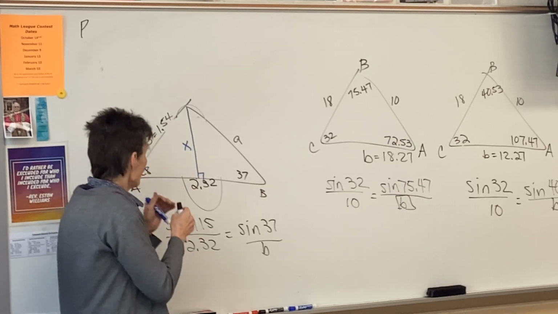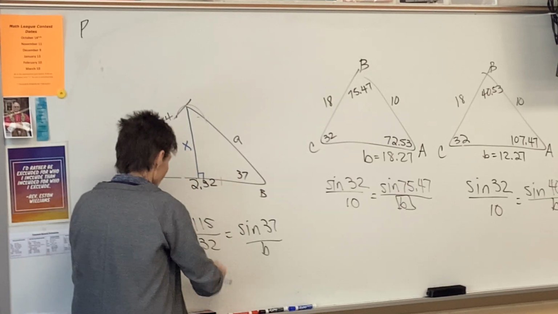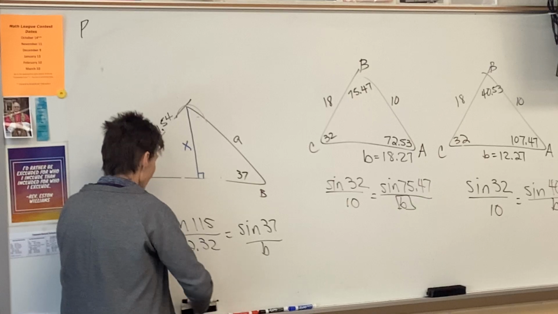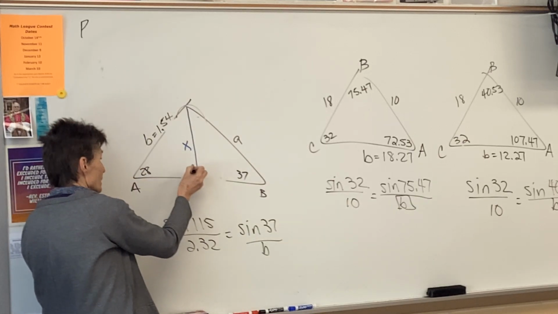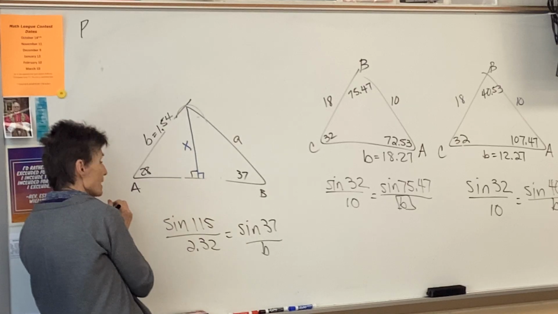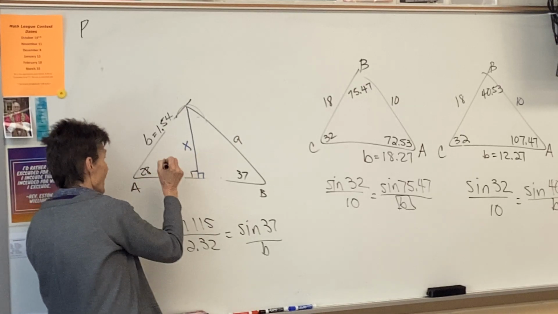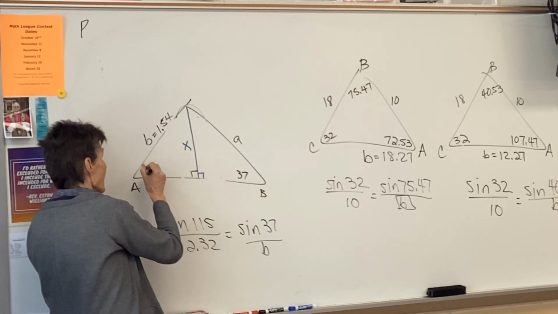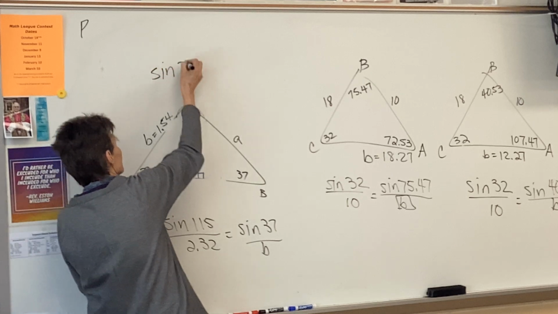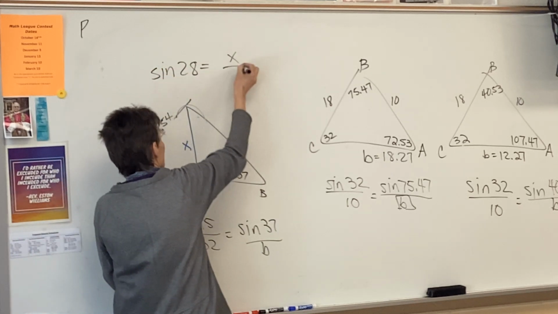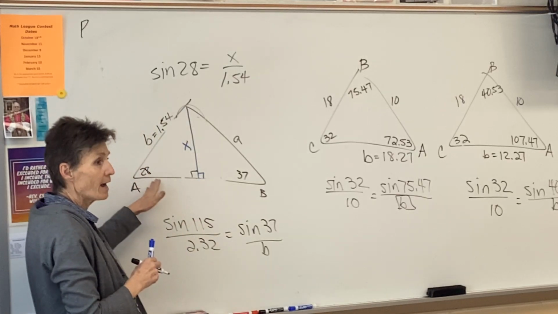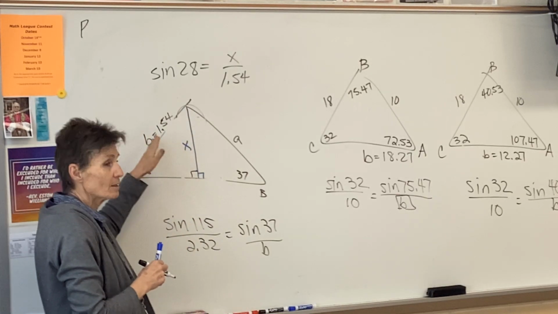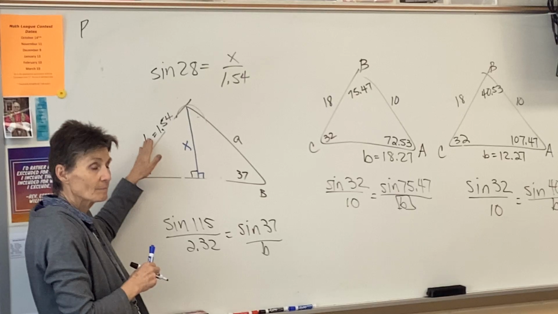But now, look at what we got, kids. This is a right triangle. Can I say something like sine 28 equals x over 1.54? In other words, sine equals opposite over hypotenuse?